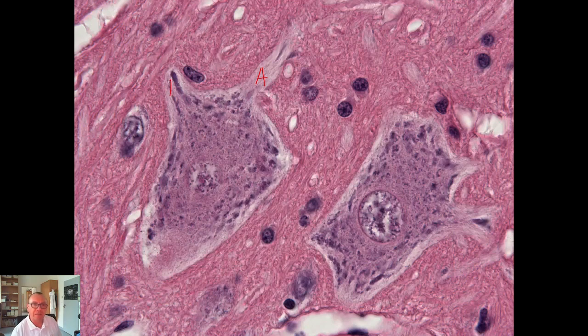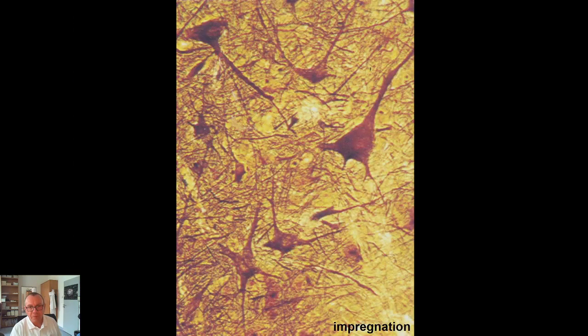And here is a dendrite. We don't see its branching, but here we can see branching of a dendrite and the content of Nissl substance inside. Of course, after impregnation we can see more.